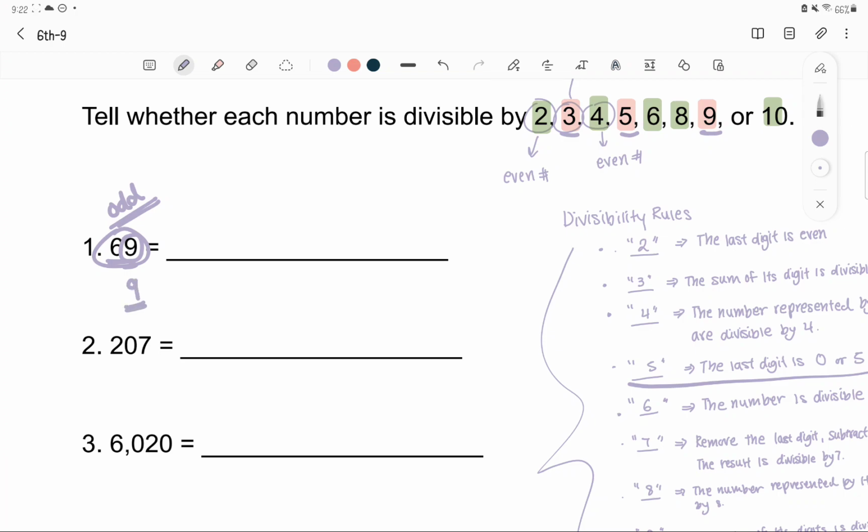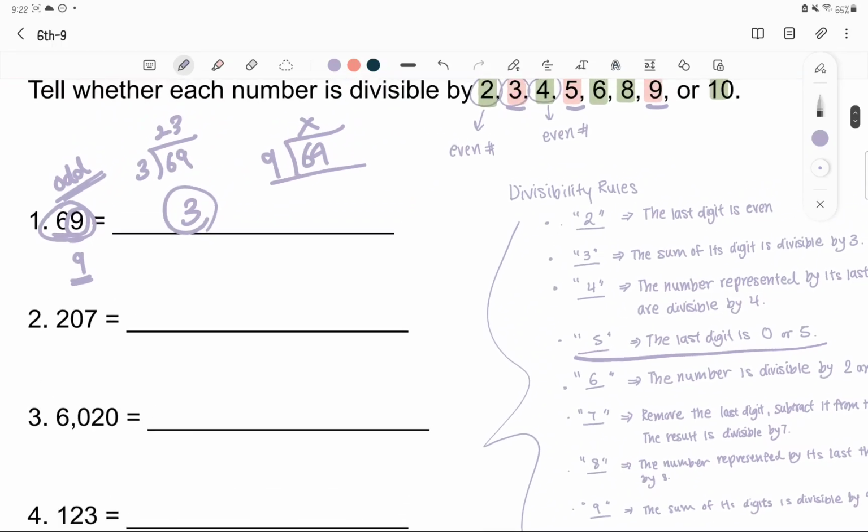For 9, we can't divide, and if you try to divide, you'll get a decimal number. But if you divide by 3, which is our last choice, it's 23, right? So it is divisible. So number 1 is 3.